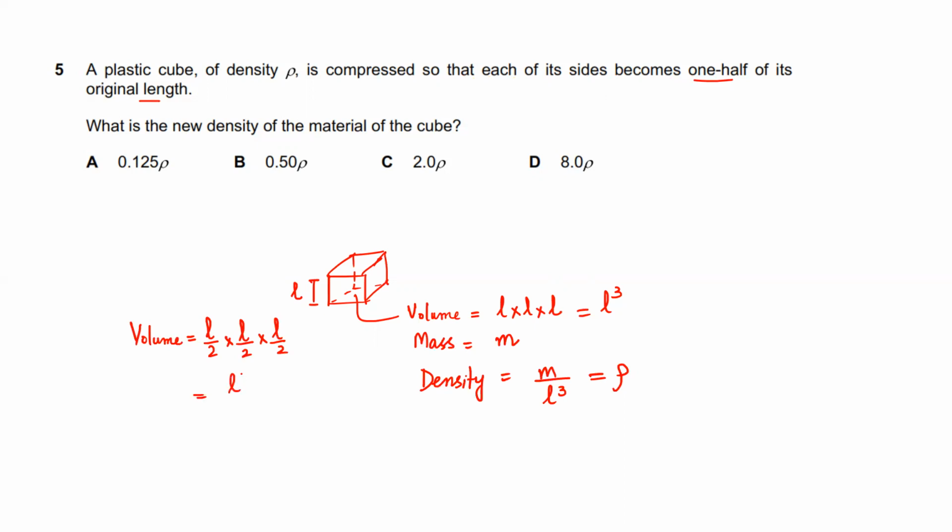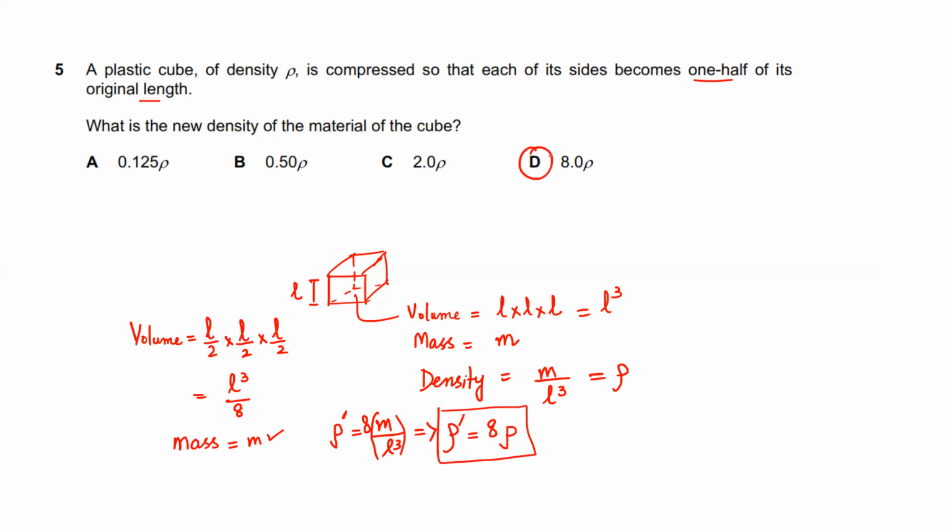So the volume becomes L cubed by 8. And overall mass is an intrinsic property. It remains the same. So density, again, rho dash, becomes mass per unit volume. So we can write this as new density is equal to 8 times the previous density. So the answer would be D.